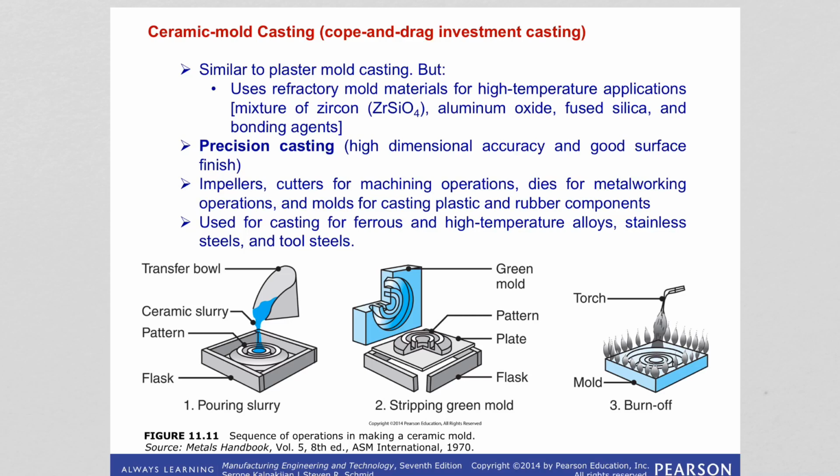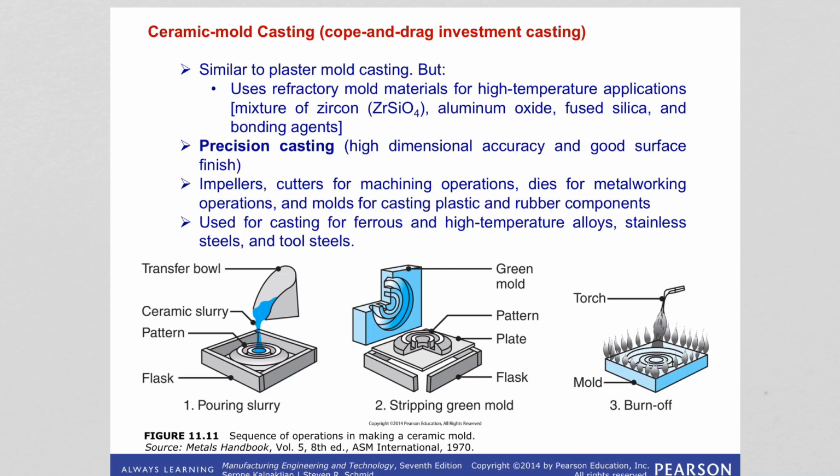Impellers, cutters, dies, molds for casting plastic and rubber components. These are possible parts that are made by this technique. This technique is used for casting ferrous alloys and high temperature alloys, stainless steels, and tool steels.